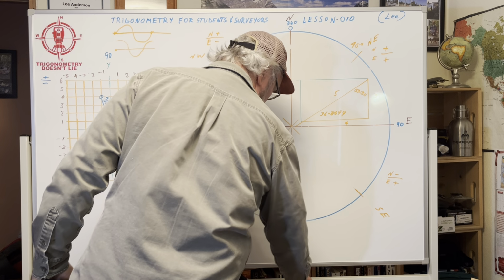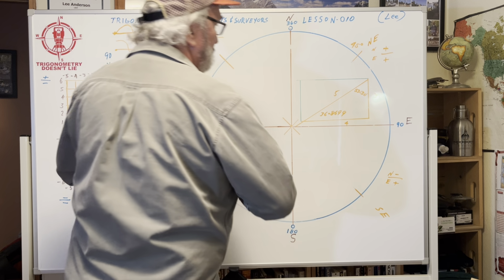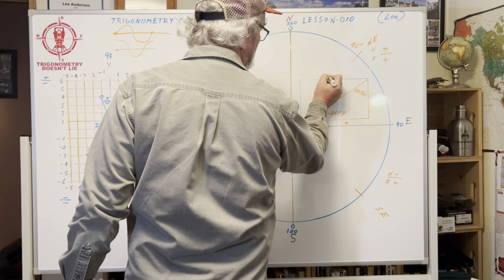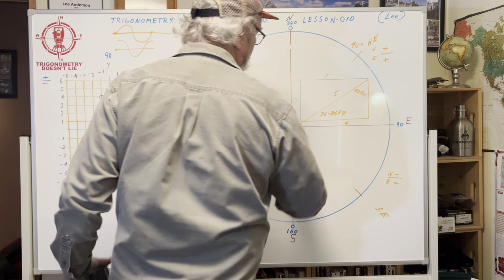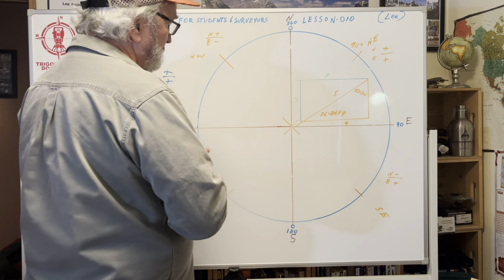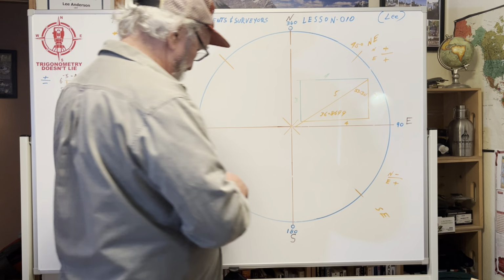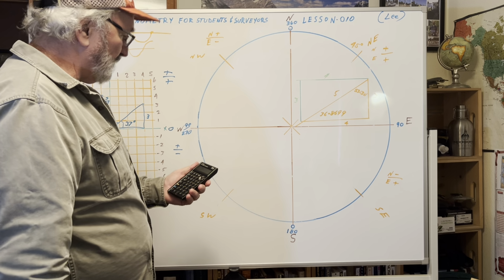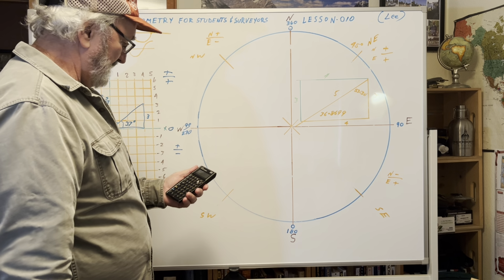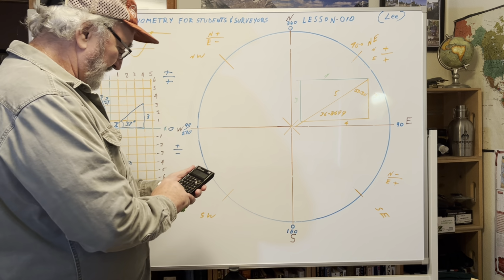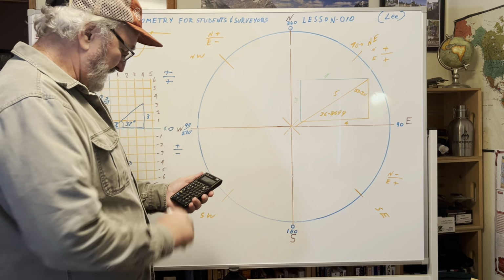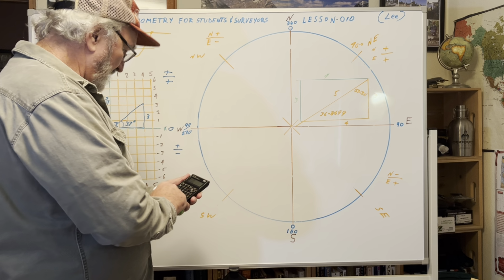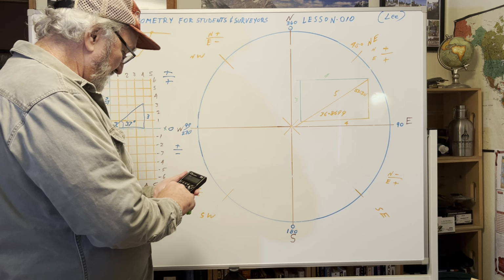And now, this is 4. This is 3. Now we'll go 4, 3. 4, enter, 3, divide, 1.33.